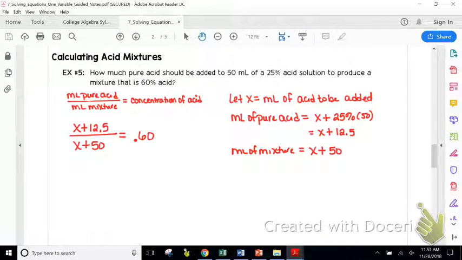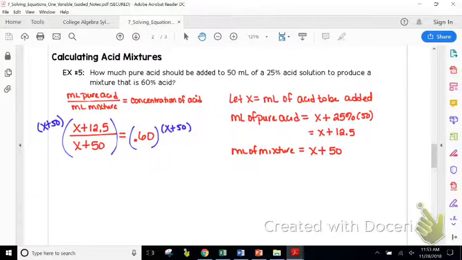How are we going to solve it? Yeah, we got a fraction, so we can multiply by that denominator. It's only one fraction, so I don't have to worry about a least common denominator. I should, though, still be careful because I still have to worry about that domain. What number can X not equal?